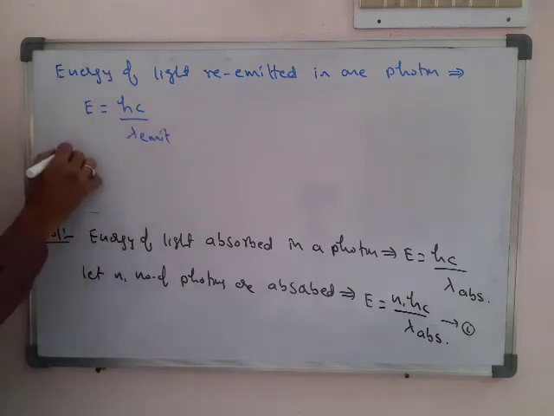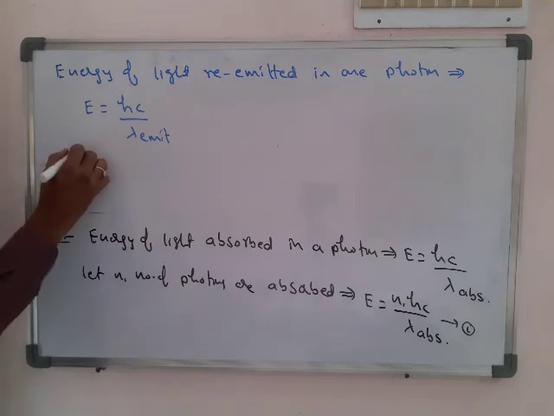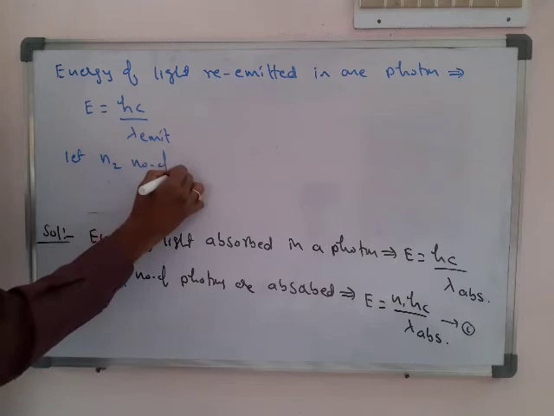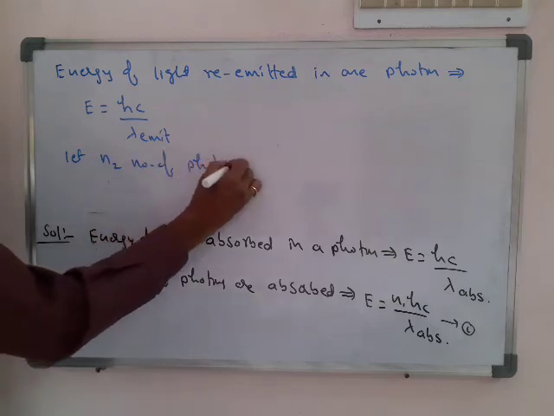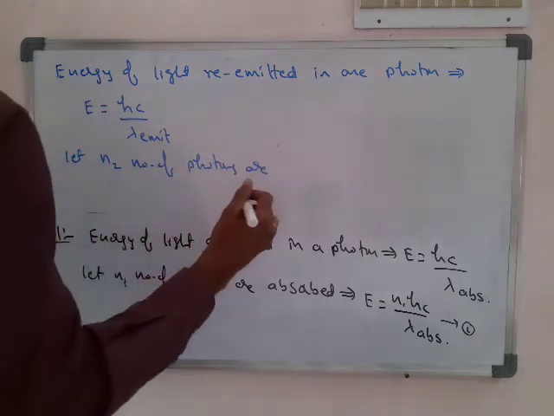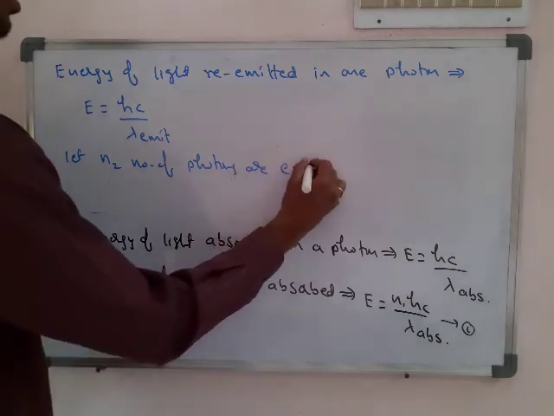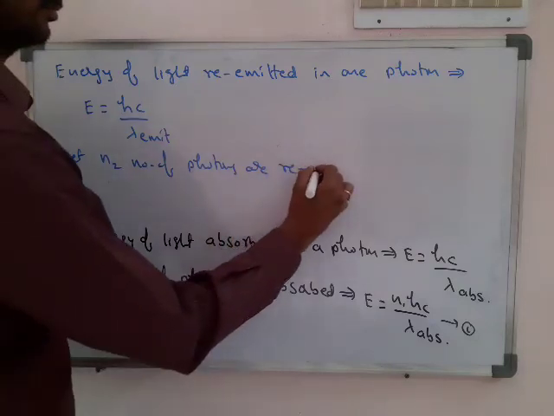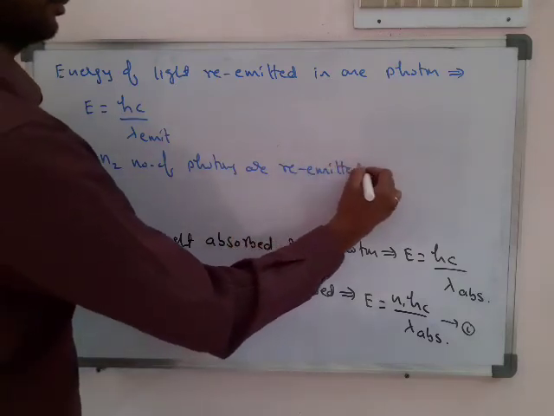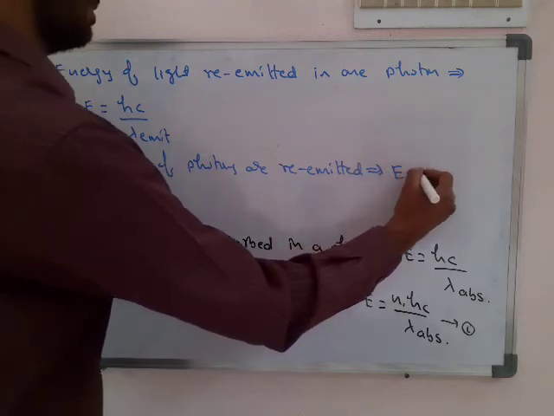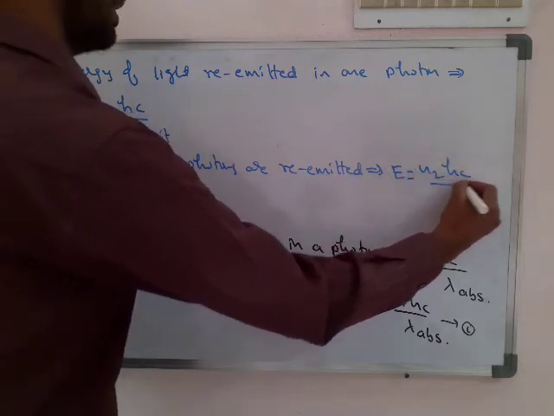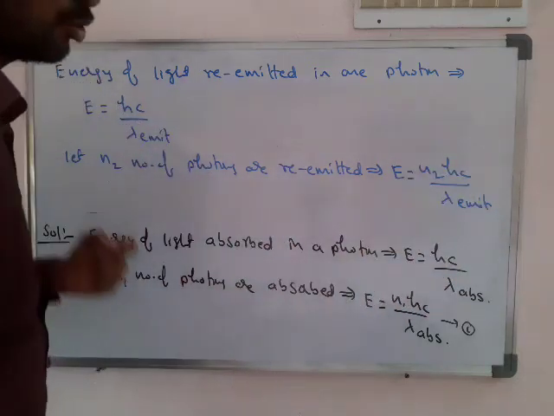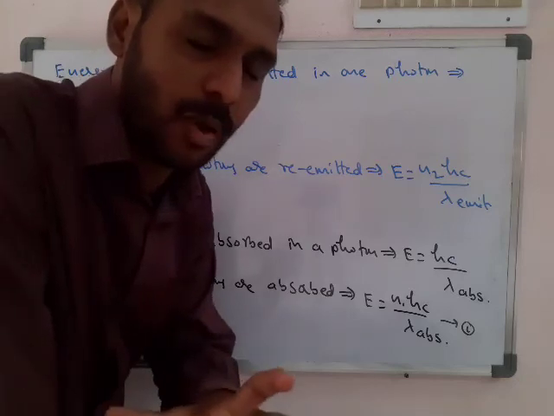Okay, so same. Let n2 be the number of photons re-emitted. It implies that E is equal to n2 hc by lambda emit.